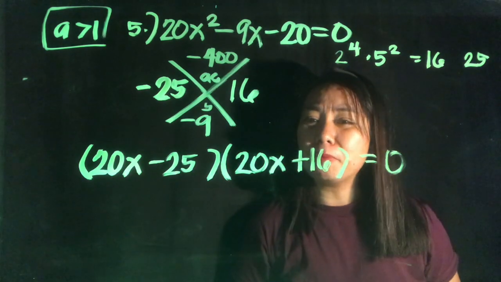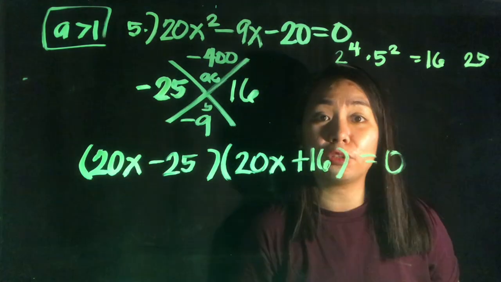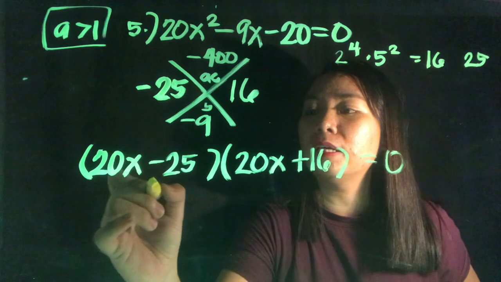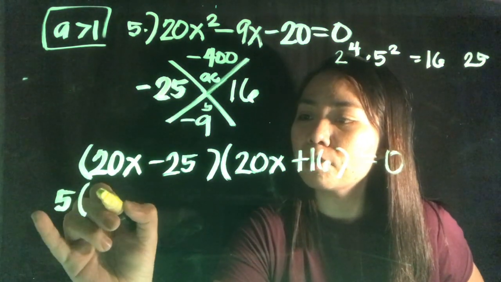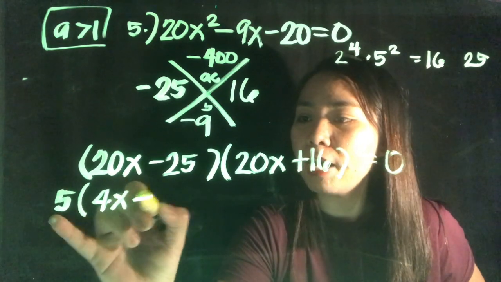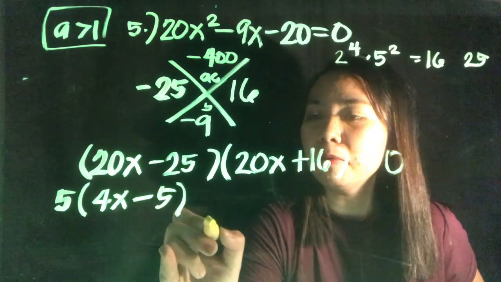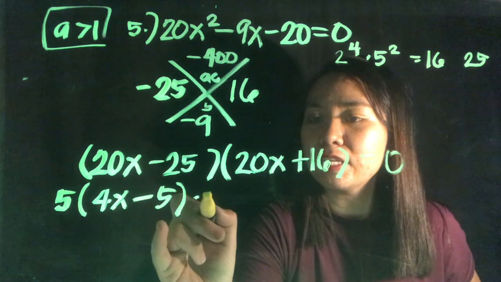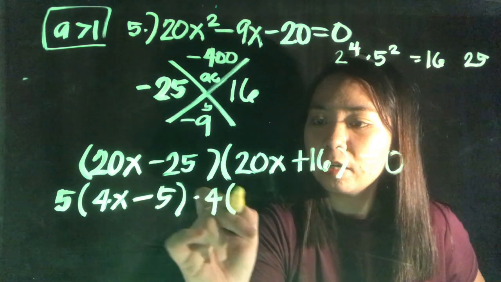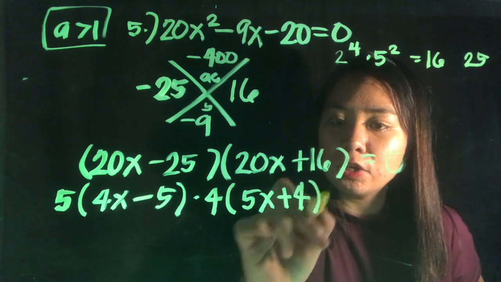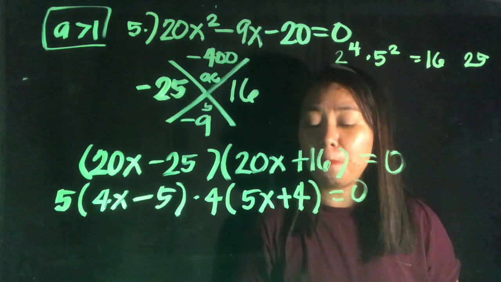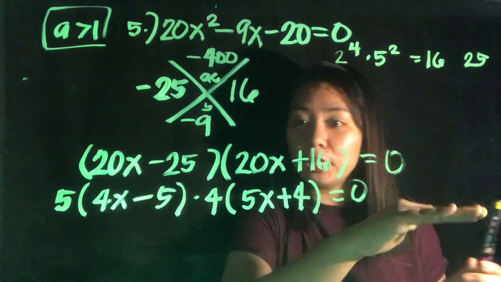So, kung mapapansin po natin, parehong may common factor, i-factor out po muna natin. So, dito po, that's 5. So, this becomes 4x minus 5. Dito naman po sa kabila, that is 4. Then, 5x plus 4. So, ito pong finactor nating number, pwede na po natin siyang i-divide sa lahat.